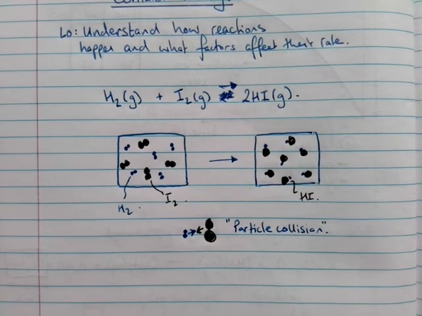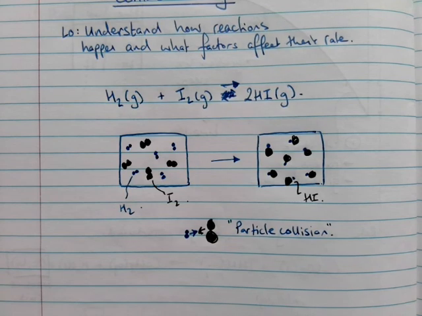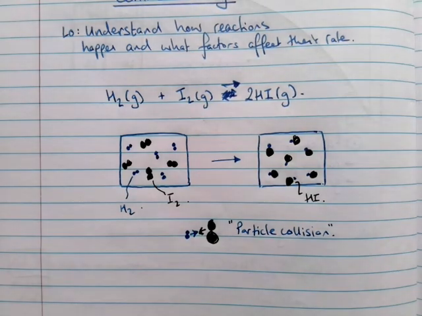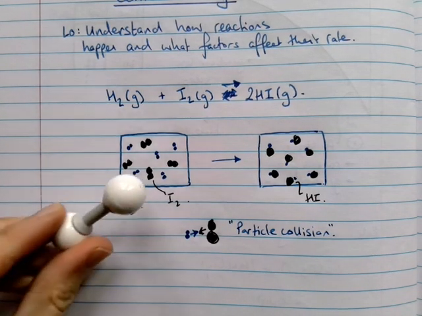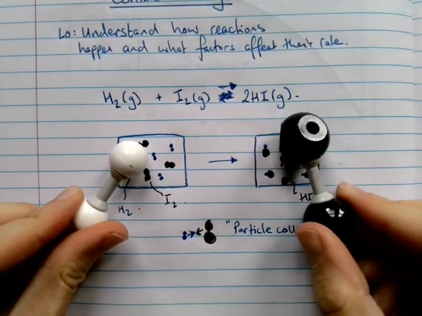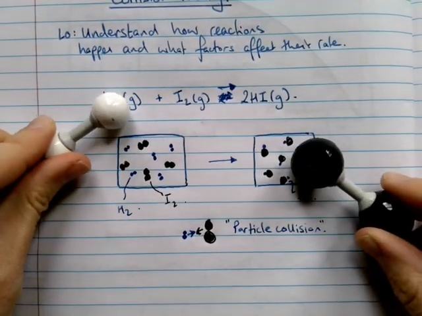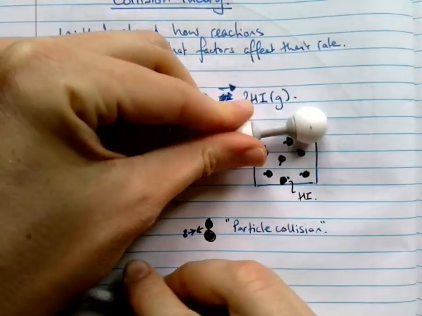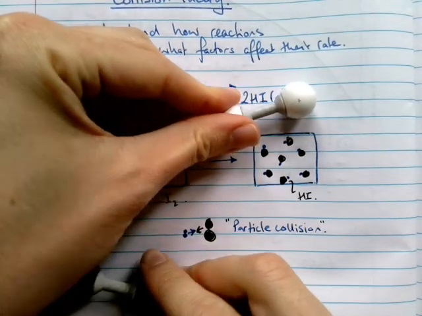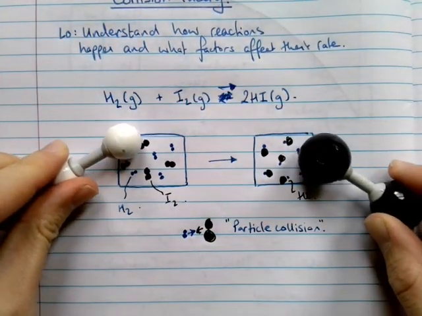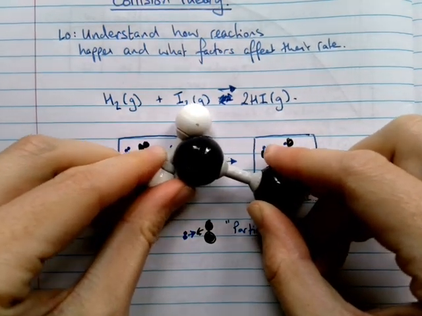All right, so that's what happens. These particles collide with each other. So you can imagine if I have my hydrogen molecule and my iodine molecule, and they are flying around and they go past each other, there's not going to be a reaction. But if they hit each other, then there might be a reaction.